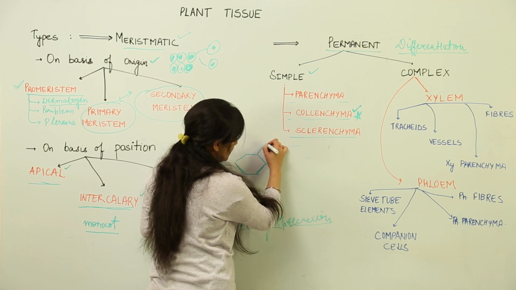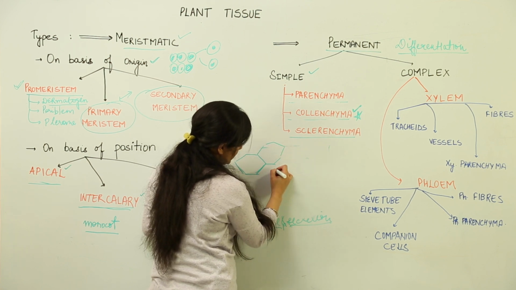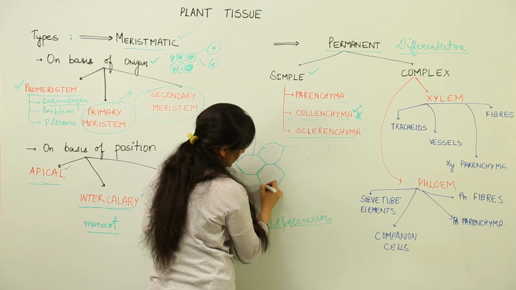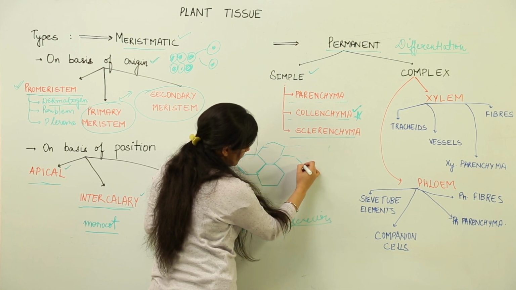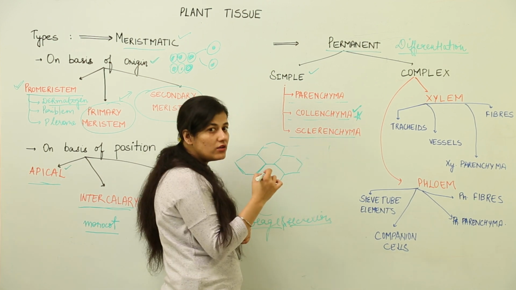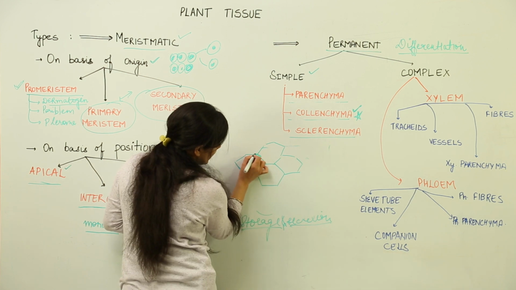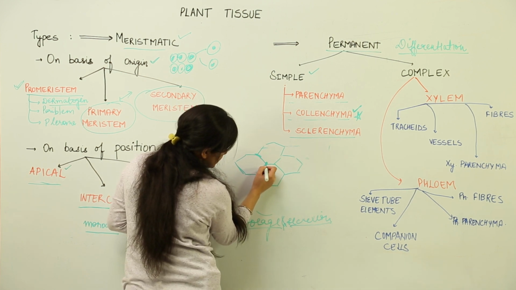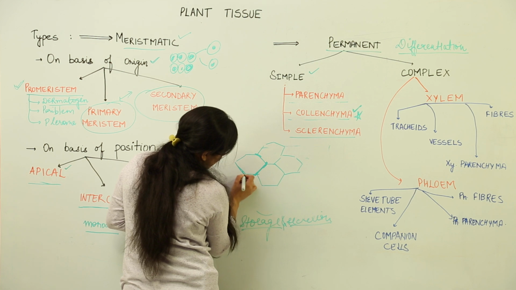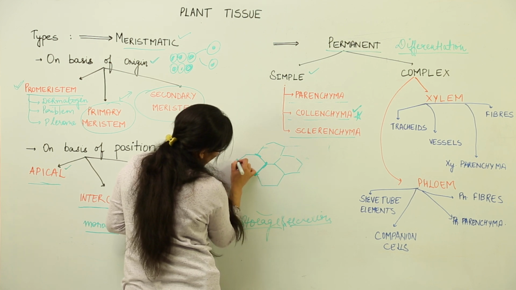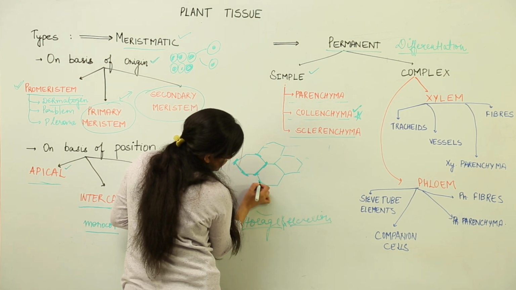They are closely packed, but a peculiar feature present inside the cells of collenchyma is that they have angular thickenings. Angular thickenings means there would be some deposition of primary nature at these places.